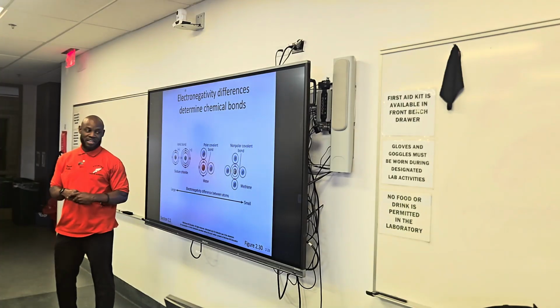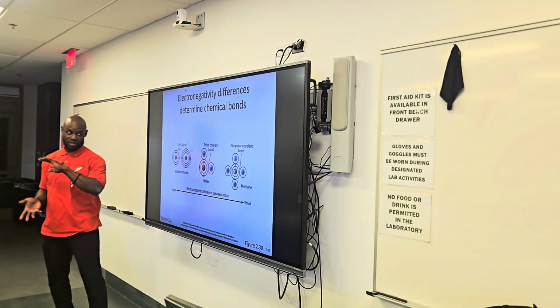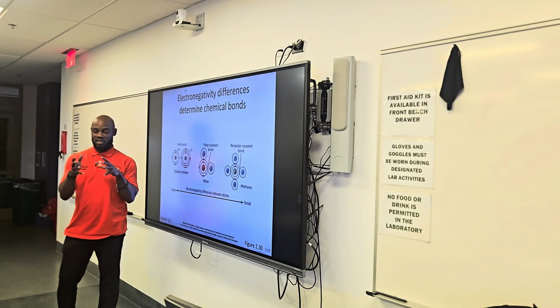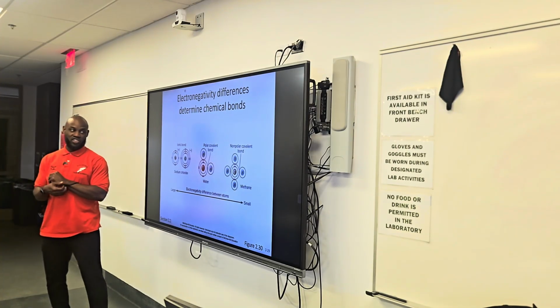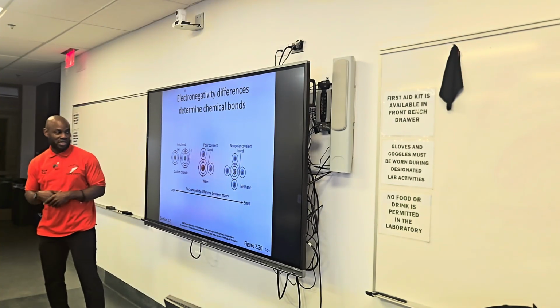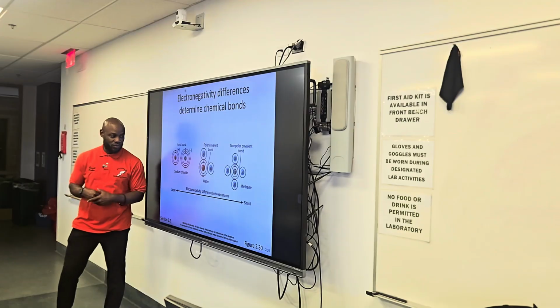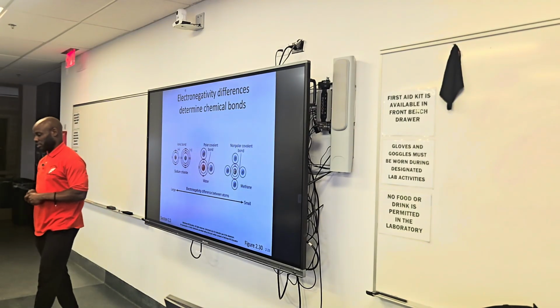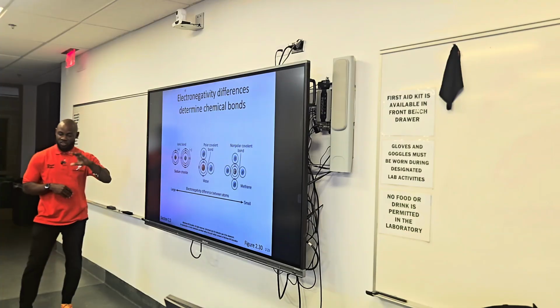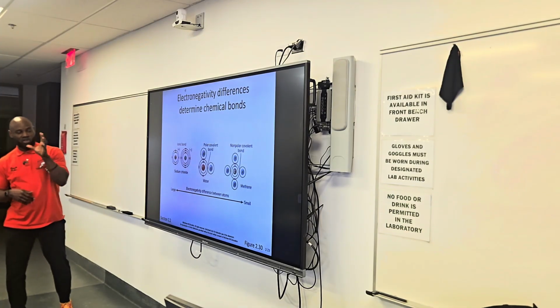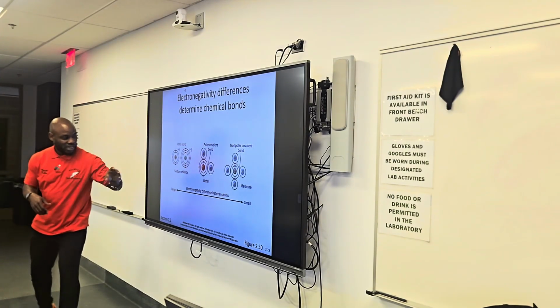They're still being shared, but they spend more time around the oxygen than they do the hydrogen. Therefore, it's called a polar covalent bond. Shared, but a little uneven. Non-polar covalent bond means equally shared, right? There's no positive or negative charge on the carbon or the hydrogen. So equally shared is a non-polar covalent bond.